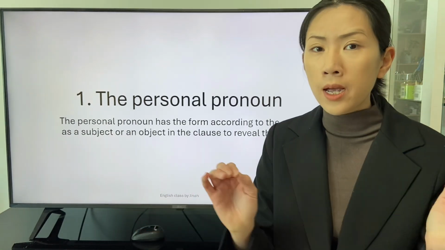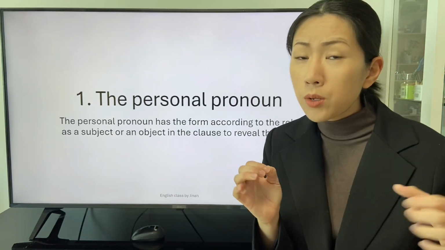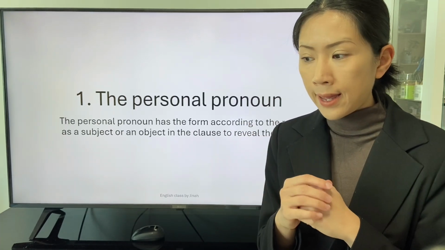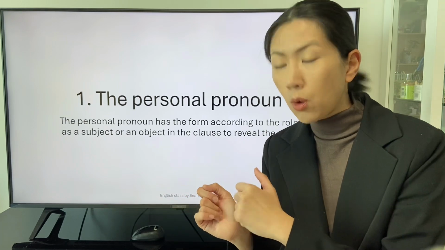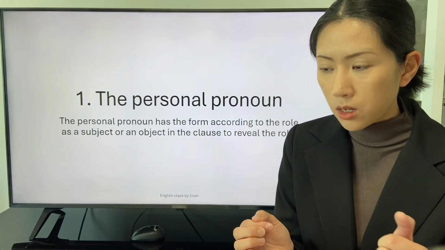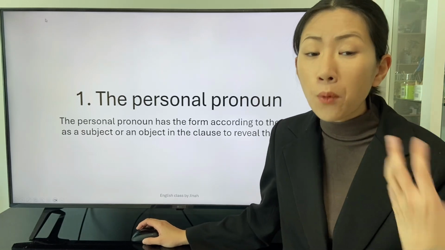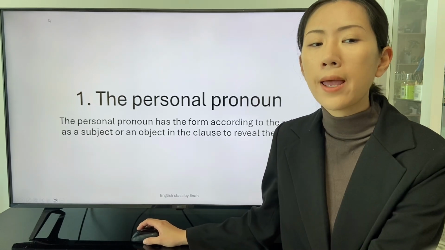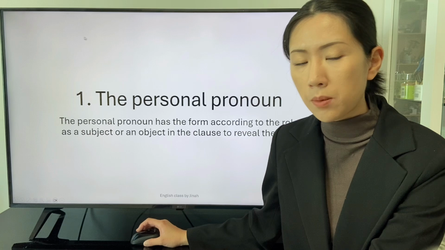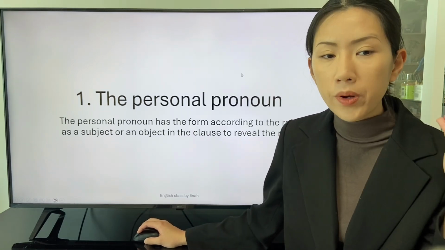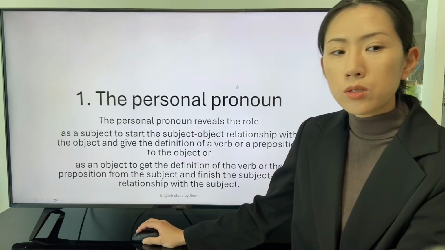The personal pronoun also reveals a role as a subject or an object of a description. The personal pronoun has the form according to the role as a subject or an object in the clause, which reveals the role.